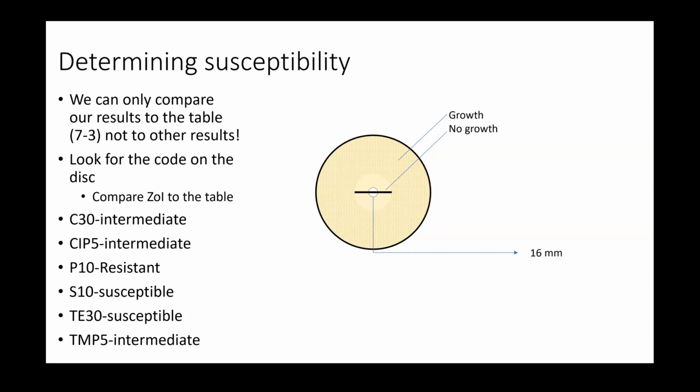So you can't just say one size circle fits all. You have to apply this particular piece of data, that zone of inhibition in millimeters, to all of the different antibiotics that are in your table of reference.